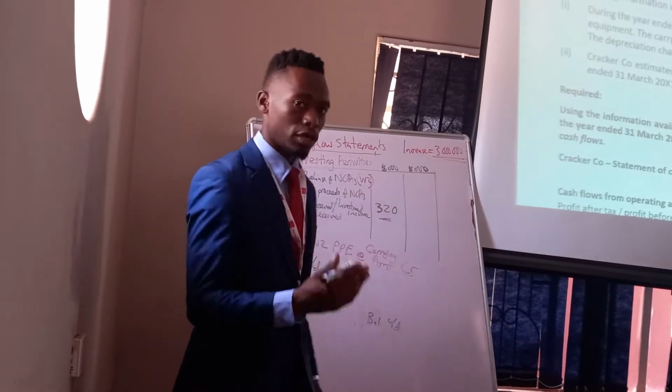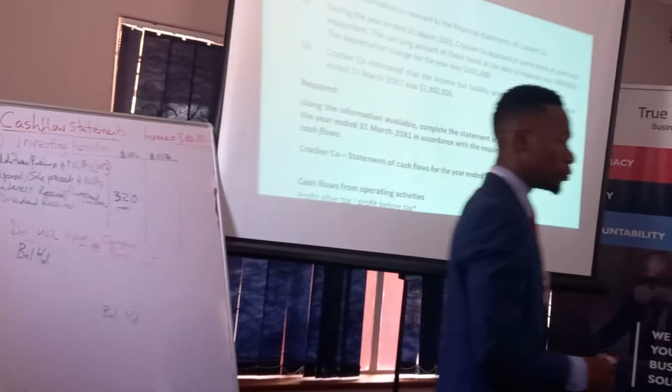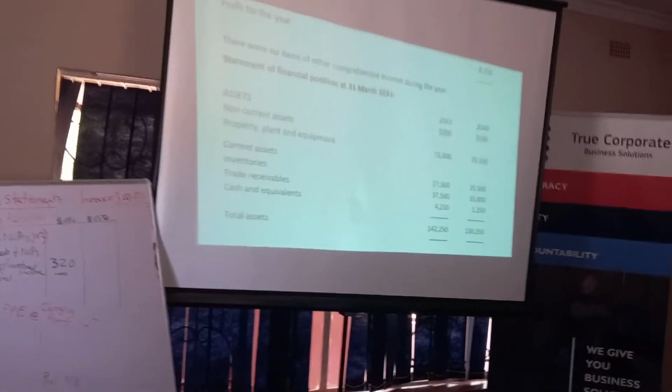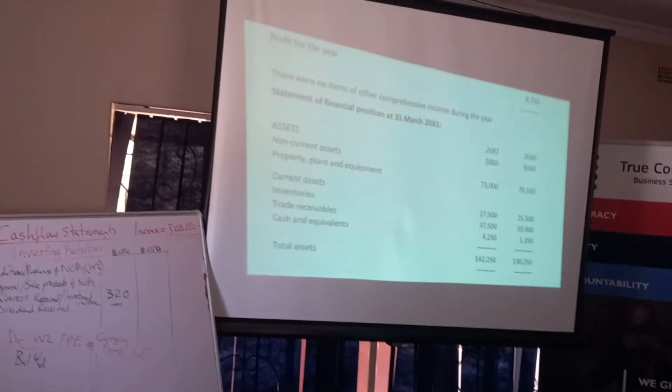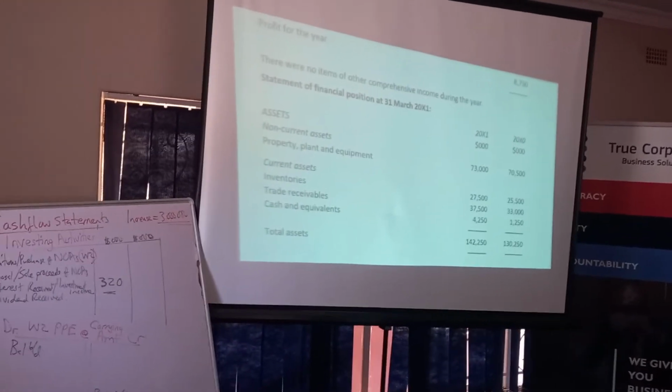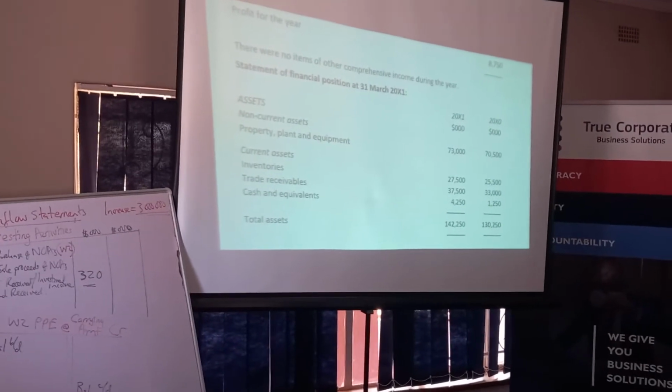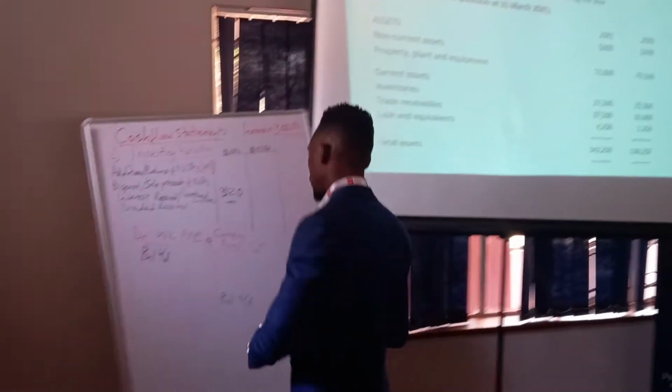So looking at the question, let's go to the financial position. That's where you see the non-current assets. The opening balance is 7,500. The closing balance is 73,000, right?